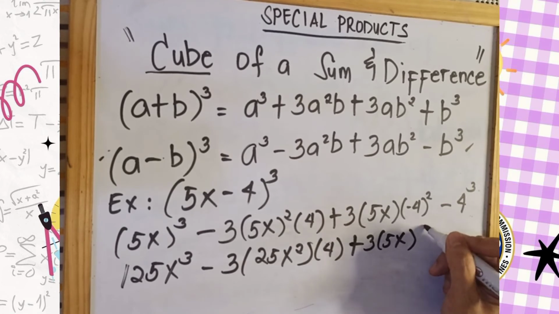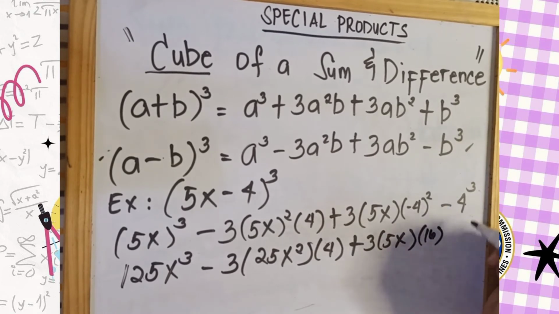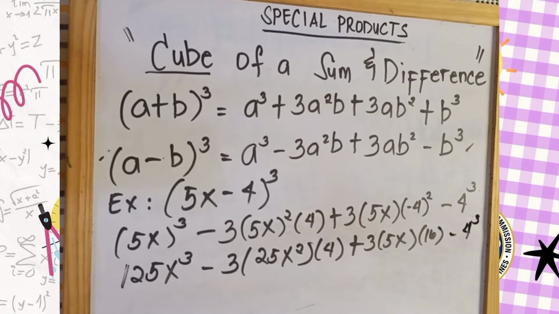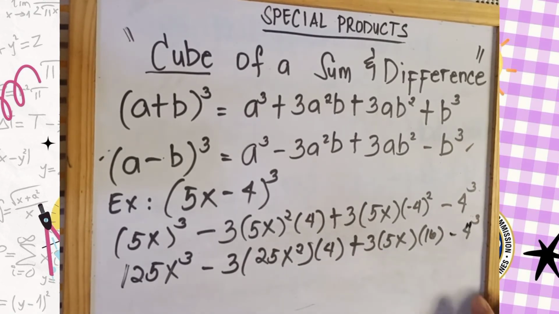So that will become negative 4 times negative 4 is positive 16. And then negative 4 cube, mamaya na natin siya i-simplify. Negative 4 cube muna lagay natin.